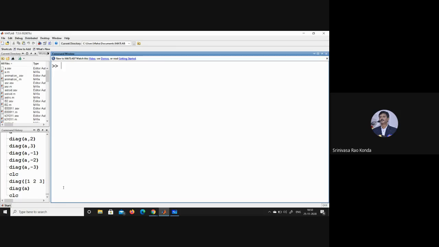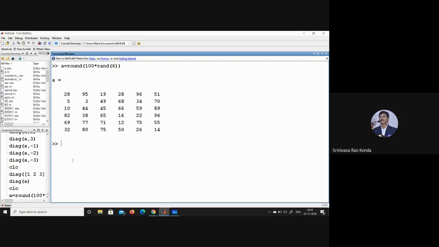Next command is A is equal to, I'm taking this is the matrix. If you give reshape, how many elements are there? 36 elements.